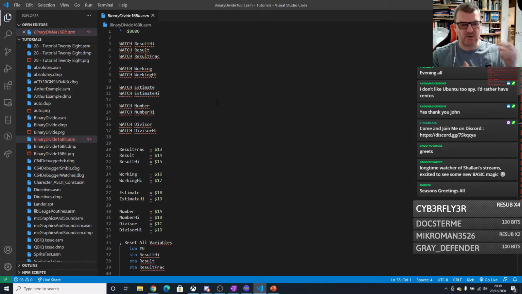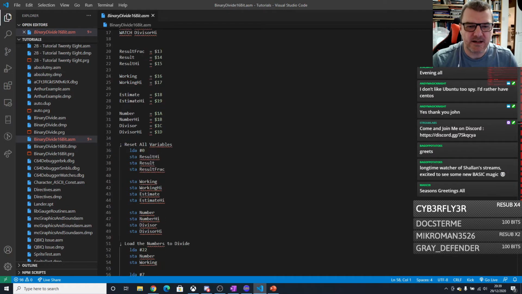So when you divide 22 over 7, for example, it's 3 remainder 1. I don't want that. I want it to come out as a decimal fraction. So the way to do it is you've got to divide it properly.